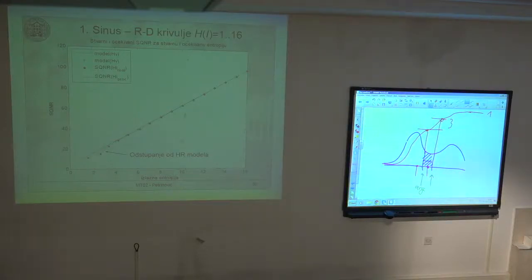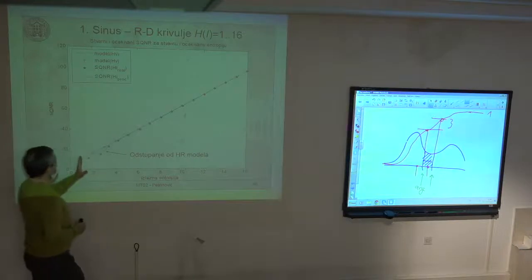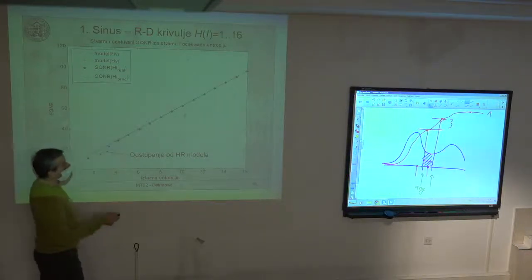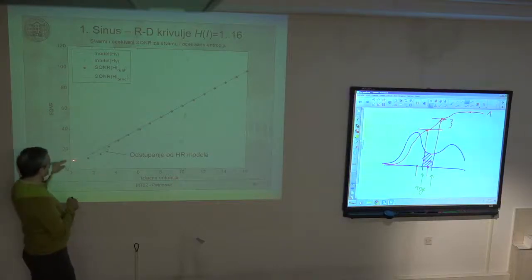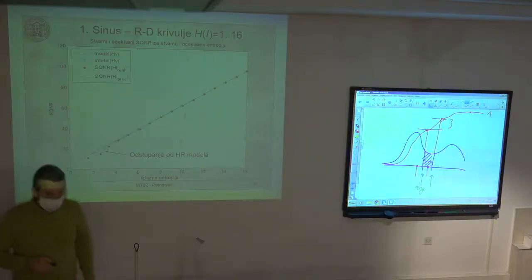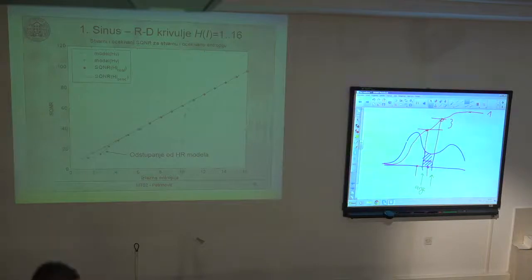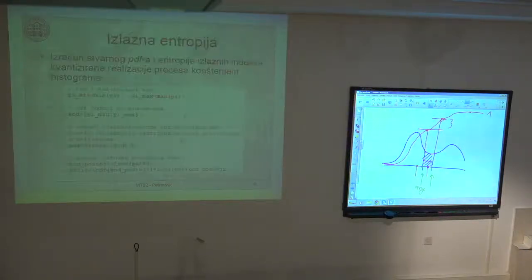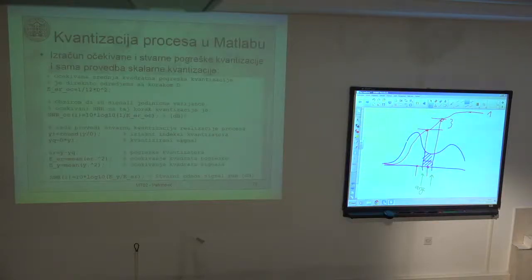These are the ideal desired rates at the output: 1, 2, 3, up to 16. And the ordinate value is the expected distortion for this rate. This was computed with this first expression.